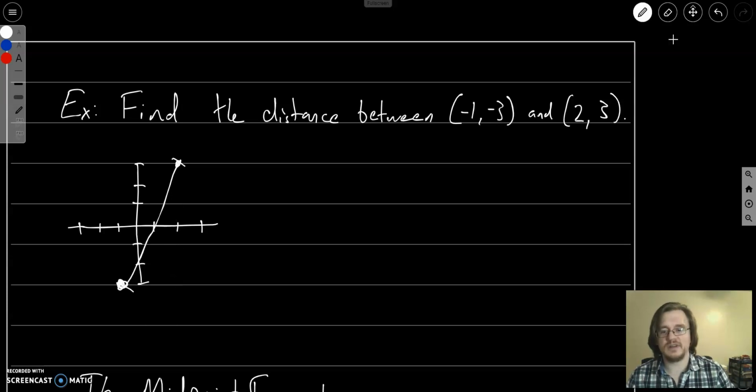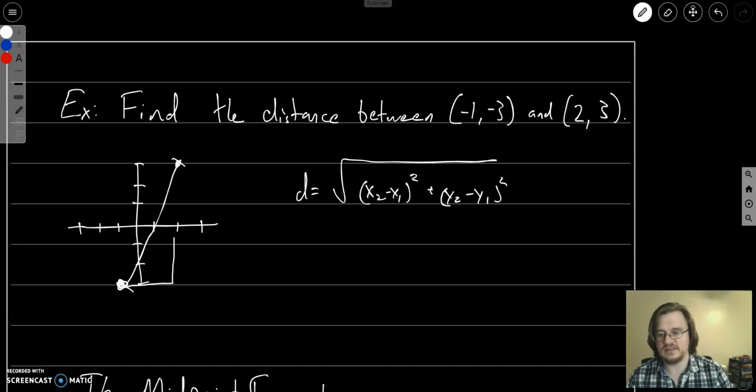Luckily, I have my formula. So d is going to be the square root of x2 minus x1. So this is the distance in the x direction, plus y2 minus y1 squared. And y2 minus y1 is the distance of this side.